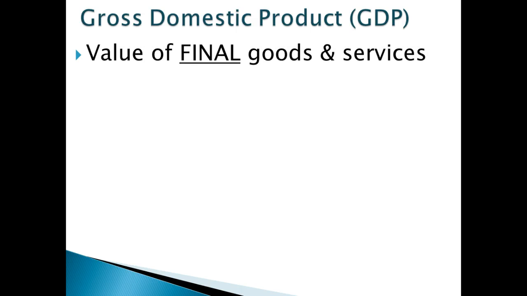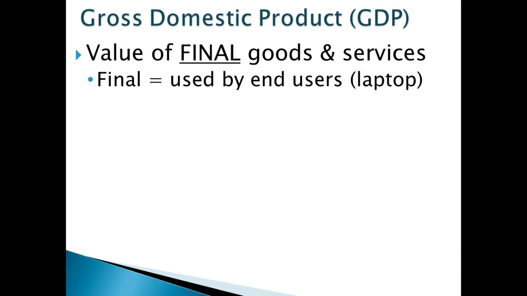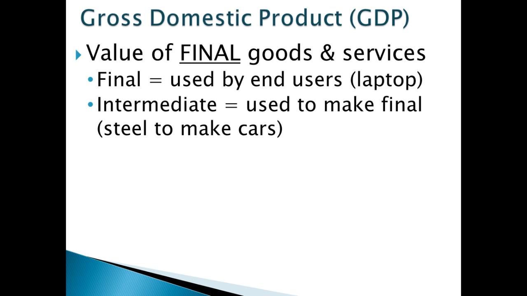So when we talk about final goods and services, we're talking about end user products like a laptop or a TV or a car. Okay, and not intermediate goods, which are the goods that go into making the final good, because the value of the final good incorporates the value of all of the intermediate goods that went into making it.